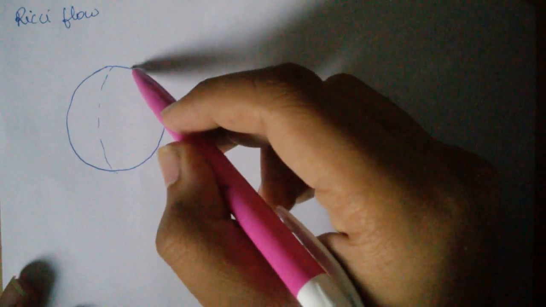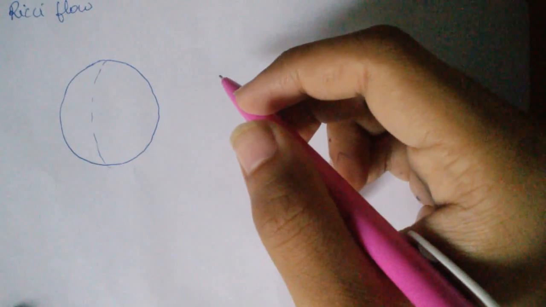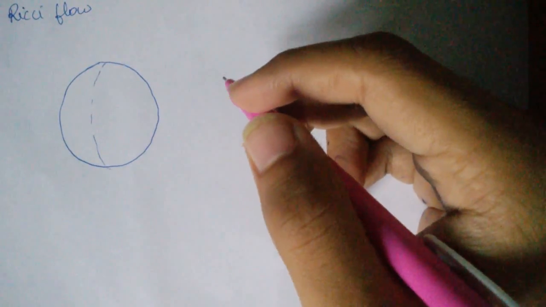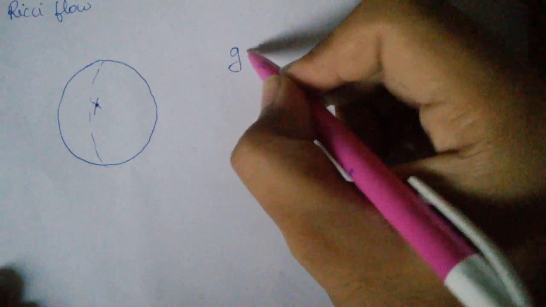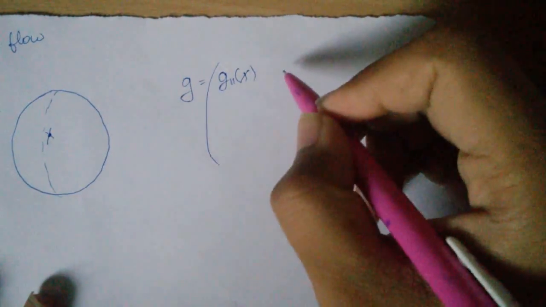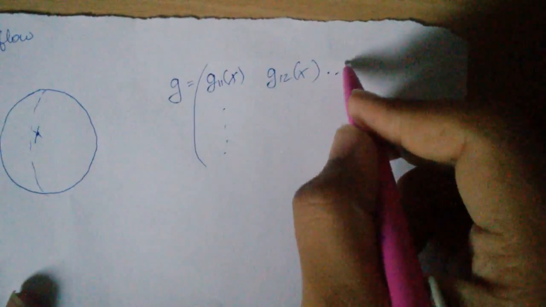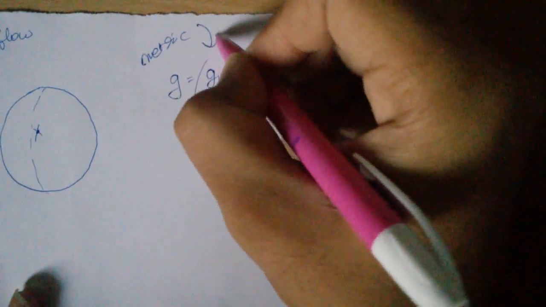We only think about the surface, and we specify a function such that for each point, suppose I am taking this point, we define a matrix which is generally shown by G. It can be a square matrix or any matrix. This is called metric.